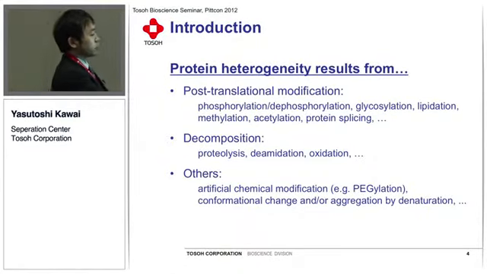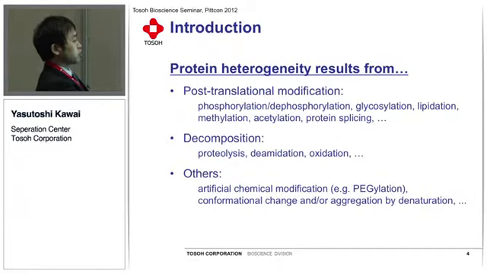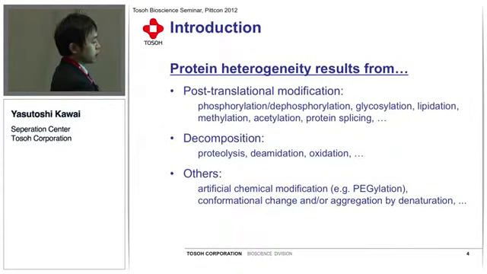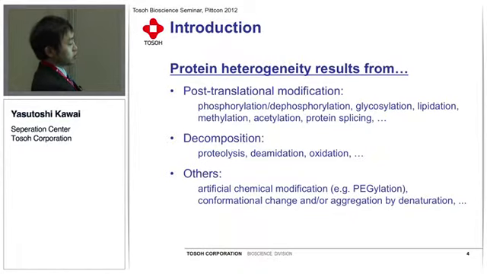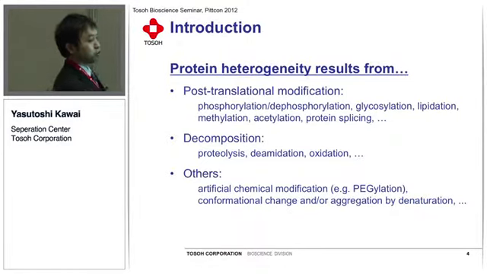The second group is decomposition, such as proteolysis, deamidation, and oxidation. The last is other kinds of heterogeneity, including artificial chemical modification, like PEGylation, and conformational change and aggregation by denaturation.